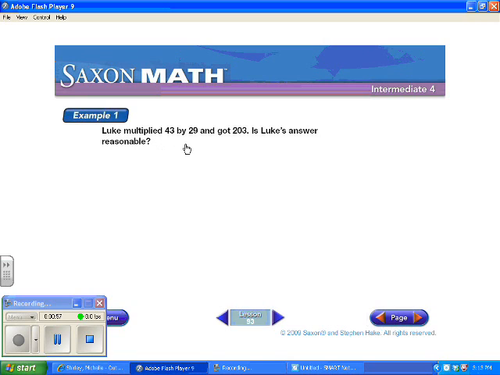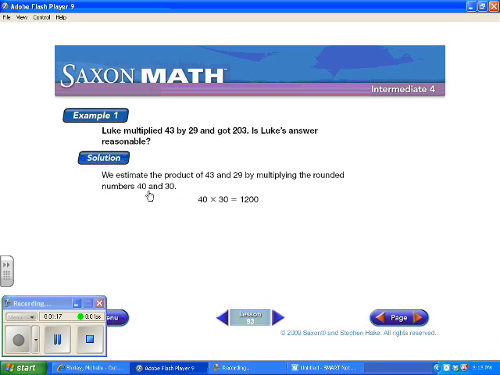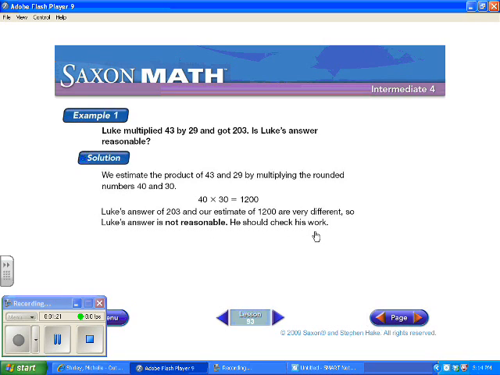We would do the 4 times 3, and that's 12, and then the 0 that's in the 40 and the 0 that's in the 30, we would take those two zeros and tack them on to the end. So our estimate would be 1,200, right? And he got 203. Is his answer reasonable? It certainly is not. So he should go back and check his work.